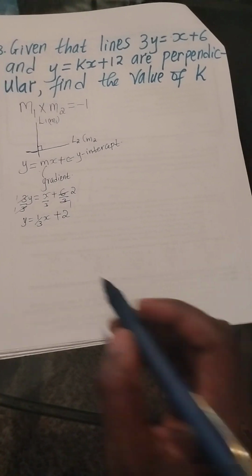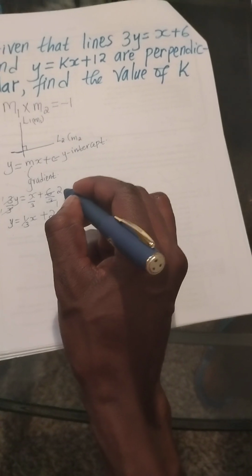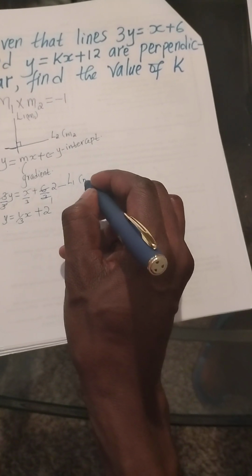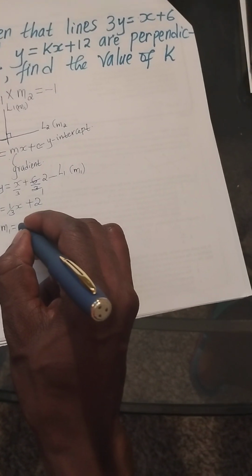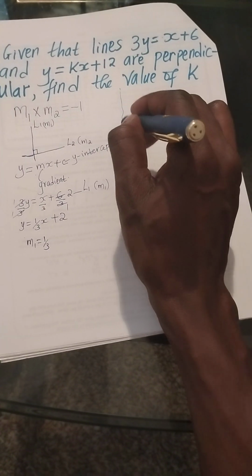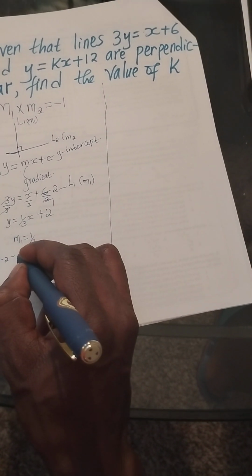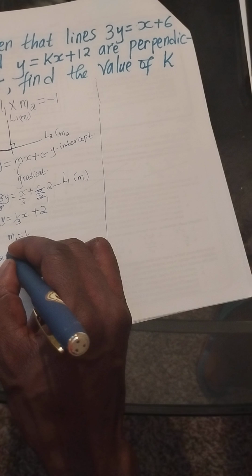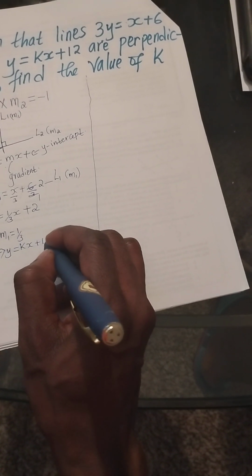Now what do I have? If this is my line 1, then its gradient m1 is equal to a third. Then we go ahead and try to solve for m2 of the other line. So line L2, its equation says y is equal to kx plus 12.